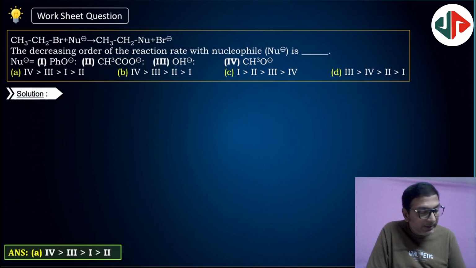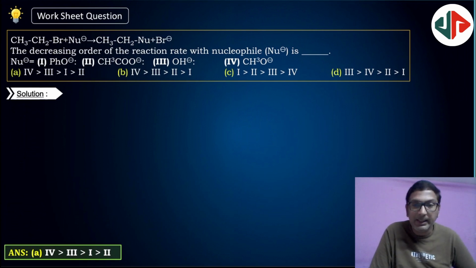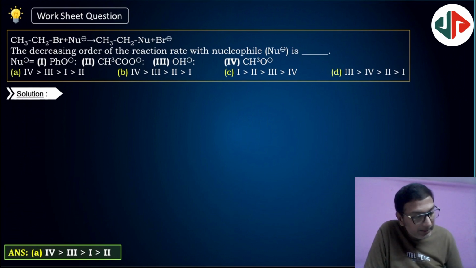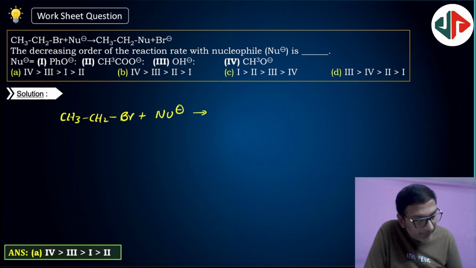So a nucleophilic substitution, decreasing order of nucleophilicity. Nucleophilicity means attack of a nucleophile on an electron deficient carbon. See here it is given CH3CH2Br, which displaces the nucleophile like this. Here delta minus and delta plus.